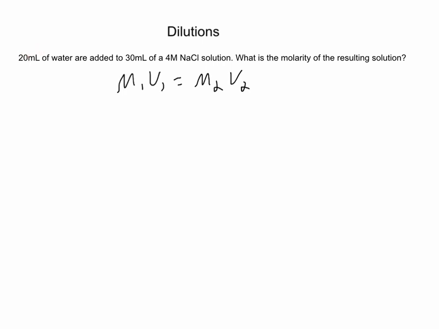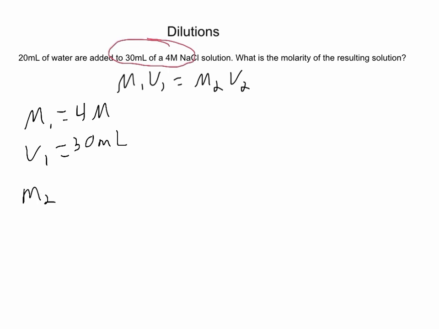Let's see what we have. 20 milliliters of water are added to 30 milliliters of a 4 molar solution. These two numbers go together, the 30 milliliters of a 4 molar solution. So let's call these M1 and V1. M1 is 4 molar, V1 equals 30 milliliters. We now need to find M2 and V2.